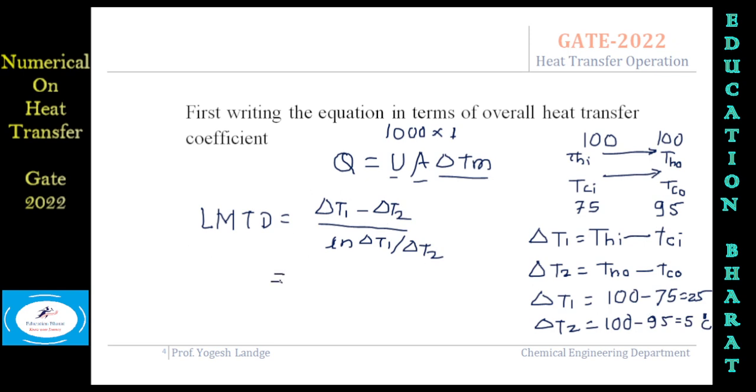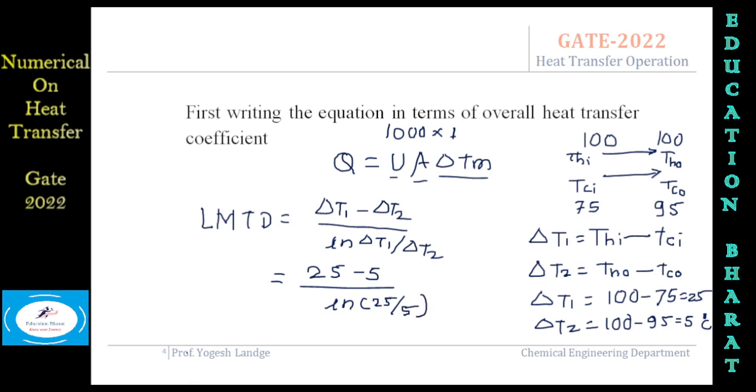So we got the values of delta T1 and delta T2. Now put these values in this formula. So it is 25 minus 5 upon ln of 25, that is delta T1, upon 5, which is delta T2.